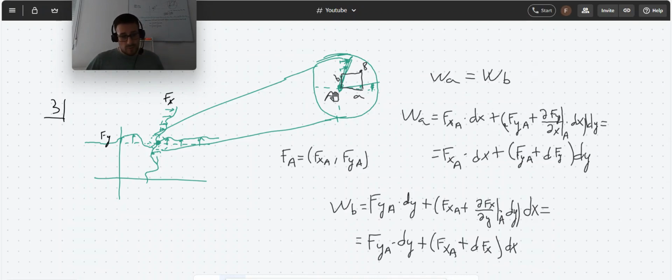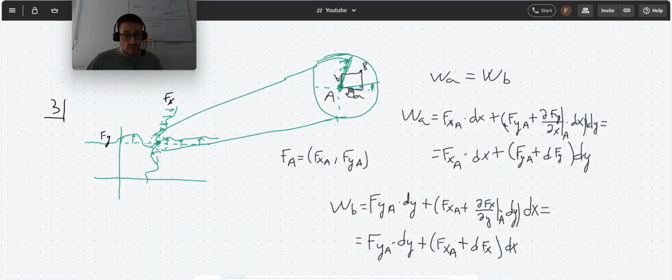Remember that when we move this horizontal length, the y component of the force doesn't do any work. In this segment, the only force doing work is the x component of the force, but not the y.